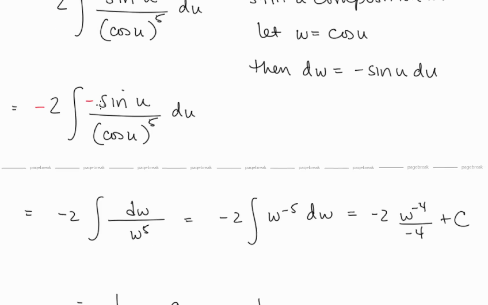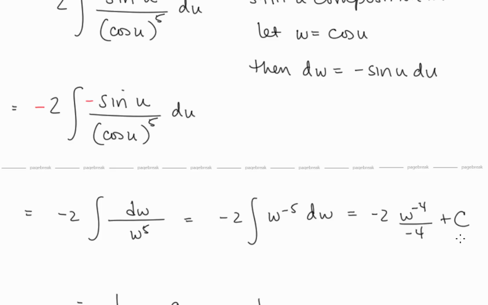Our numerator is just dw, and we have w to the 5th in the denominator, still with a negative 2 on the outside. And so rewriting this so we can integrate, it looks like negative 2 integral of w to the negative 5th dw. So we add 1 to the power and divide by that number, and we have negative 2 w to the negative 4th over negative 4 plus a constant.